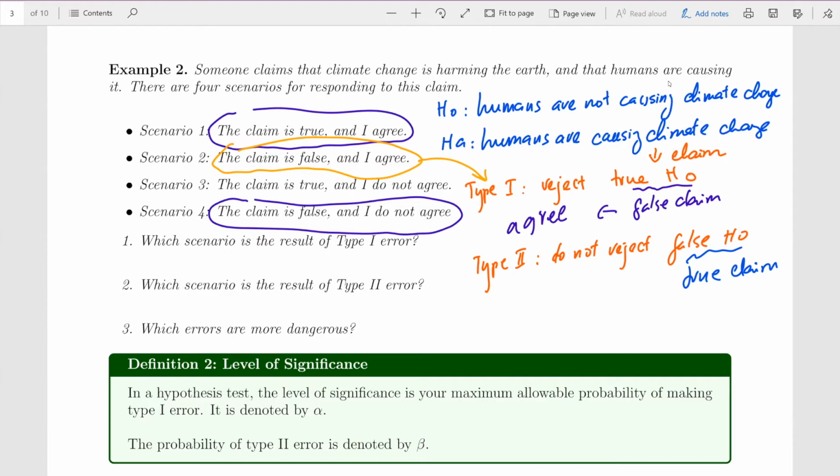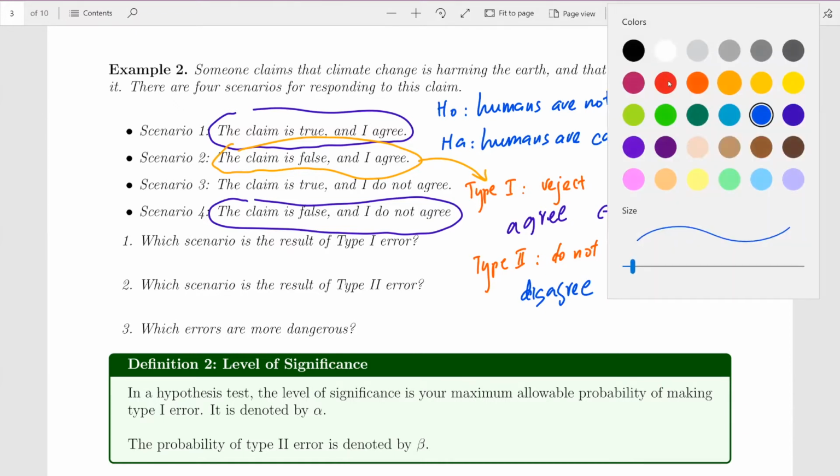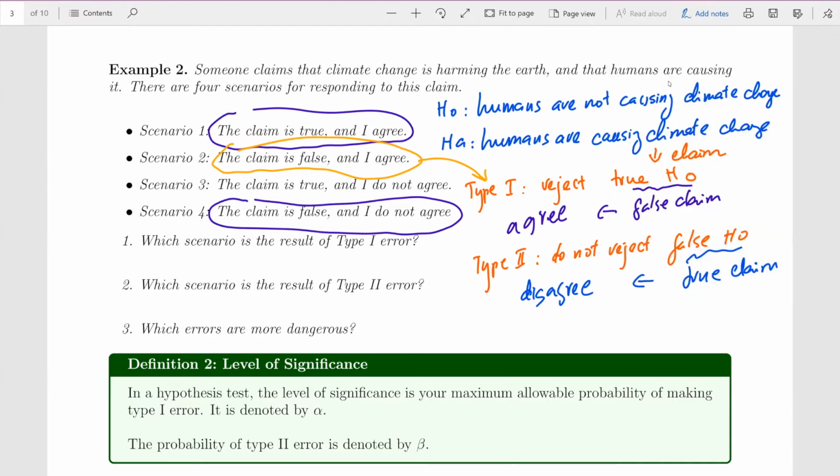That means I kind of accept the null. So that means I reject the alternative. That means I do not agree with this true claim. Okay, so the claim is true and I do not agree. So my type 2 error is the third scenario here.